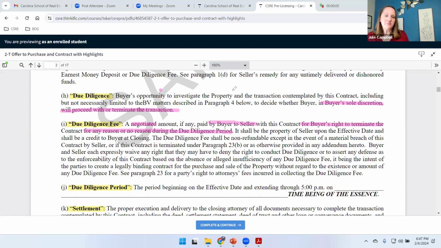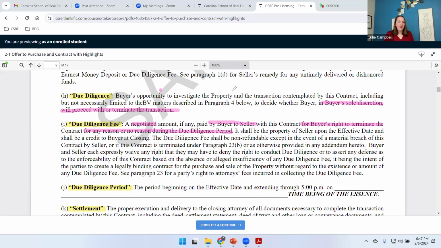For what reason? Any reason or no reason at all, as long as they do so during the due diligence period. There's a very common misconception out there that the buyer's paying the seller to take the home off the market and not allow any more showings. Guess what?